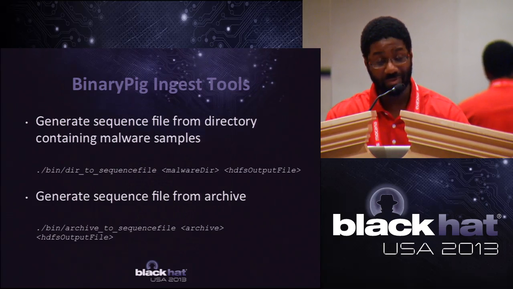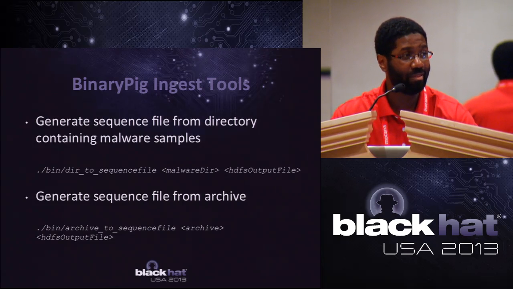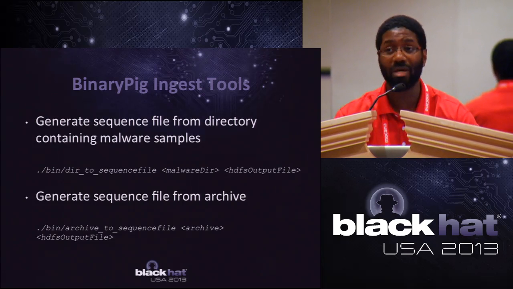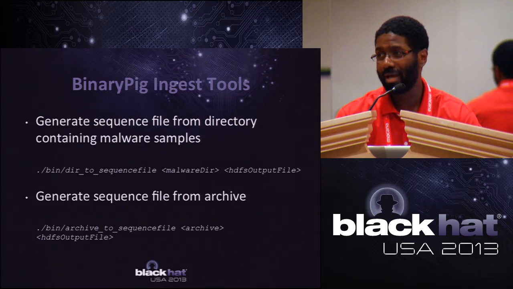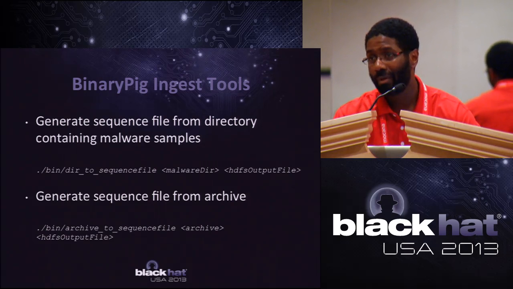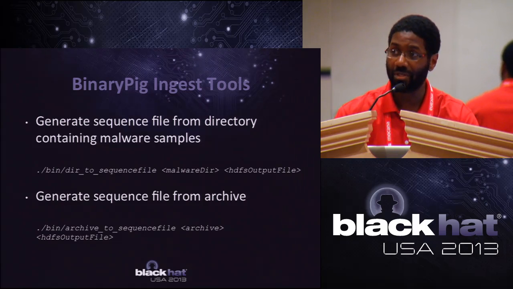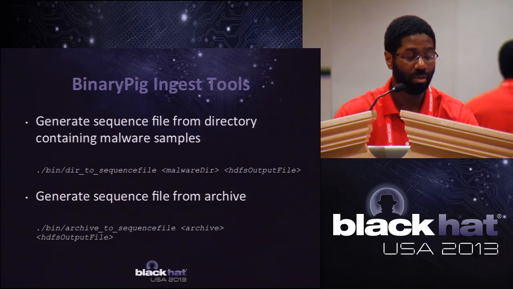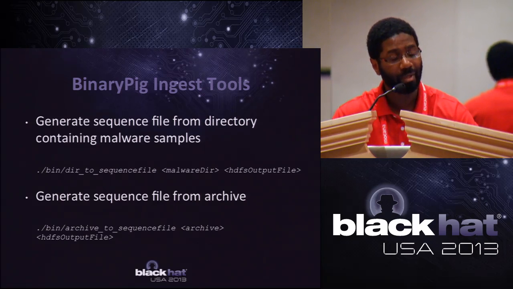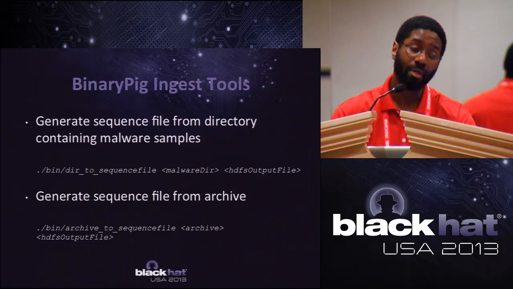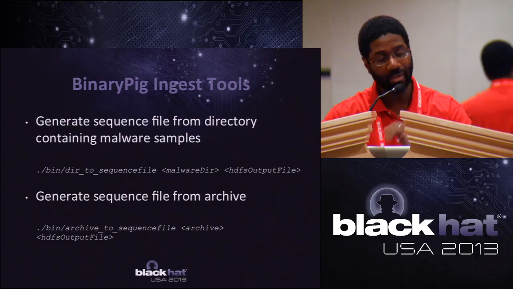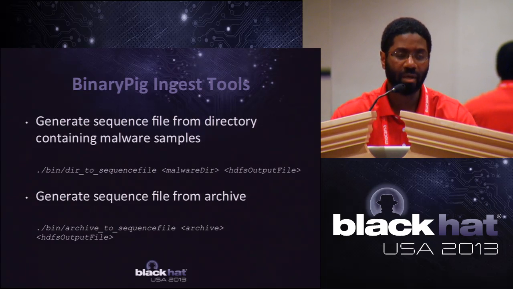All right, so the first thing you want to do, like we said before, is to create the sequence file. So we have a couple of scripts. We assume you already have a malware zoo somewhere that's either on disk or in an archive. So we have two convenient scripts that will take your archive or your subdirectory, generate that sequence file and copy it up to HDFS.